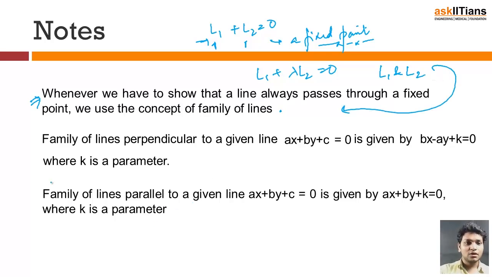Now the second one, which is of super use in the questions. The family of lines perpendicular to a given line ax plus by plus c equal to 0 is given by bx minus ay plus k equal to 0, where k is a parameter. Suppose you have to write a line which is perpendicular to ax plus by plus c equal to 0.